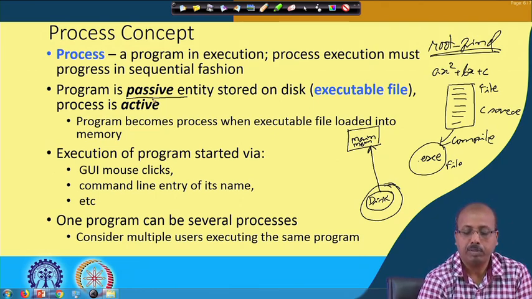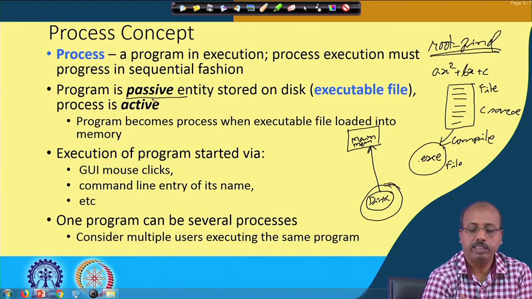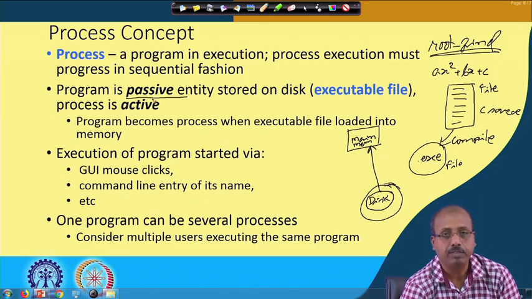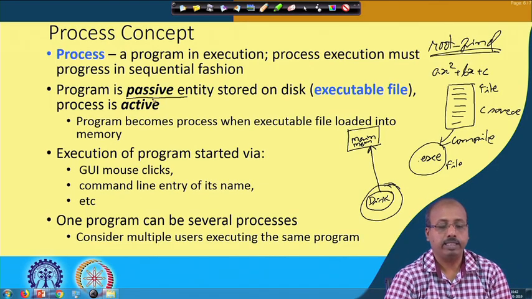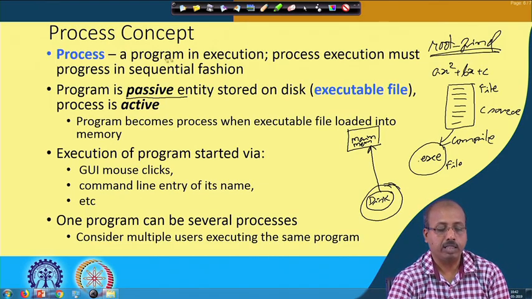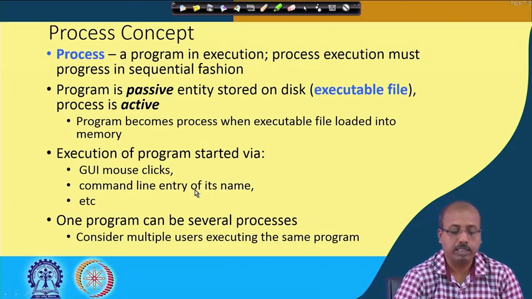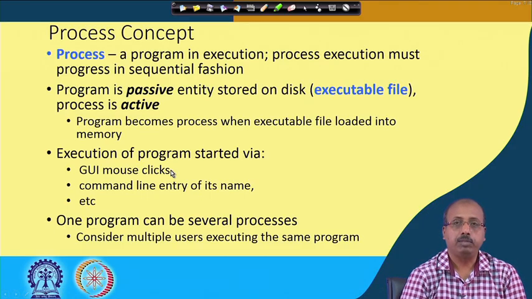Execution of a program is started via GUI mouse clicks. Most of the operating systems now have this graphical user interface. So, it is using that interface, or it may be command line entry of its name. There are some command line interfaces, so using that also the user may type the name of the program or process to be executed.